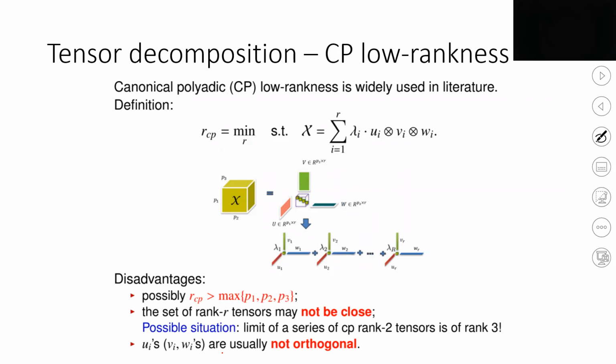Okay, so tensor decomposition using CP decomposition is the most common way for low rank approximation of the data. So you decompose them, use components to approximate the original data matrix, I mean, high dimensional data tensor.